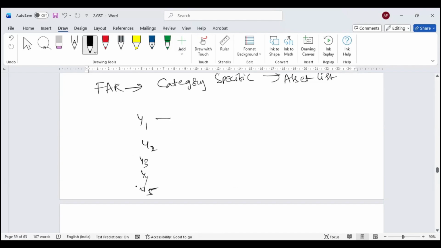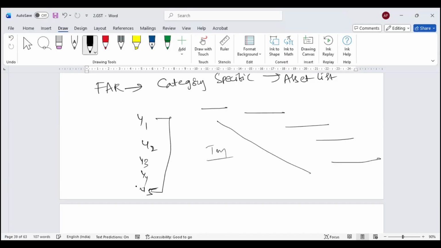For these 5 years, I plot how many months are there, and based on the months, I try to apply what is my TM every month. This TM, I'll apply this exempted turnover by total turnover every month. This I keep a track similar to my fixed assets register.